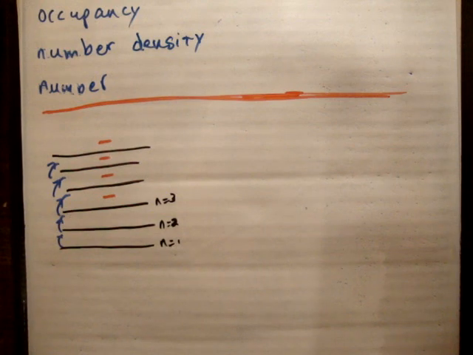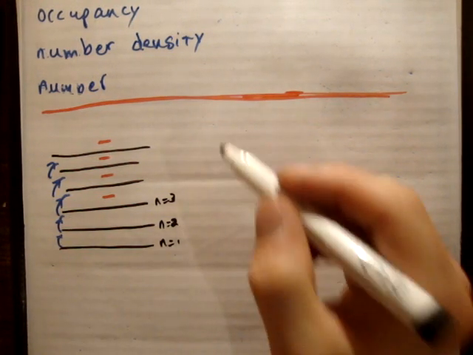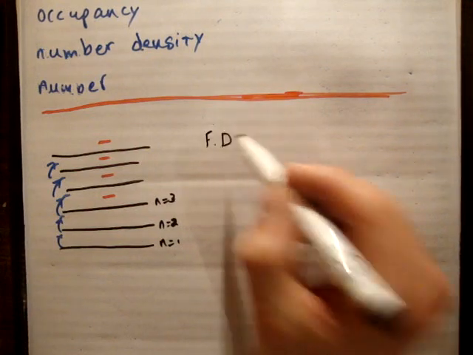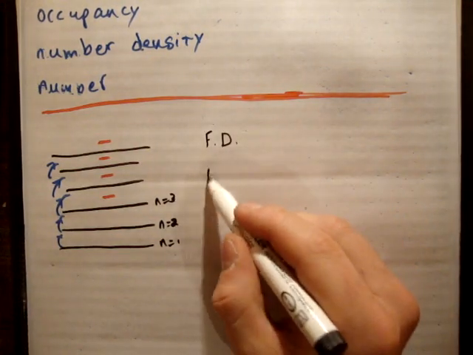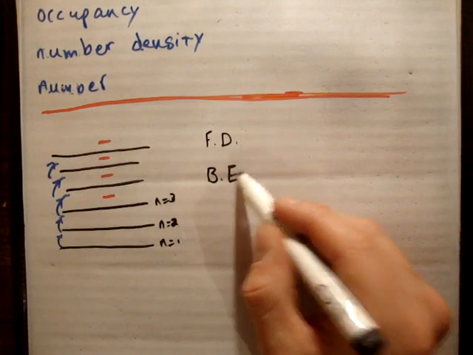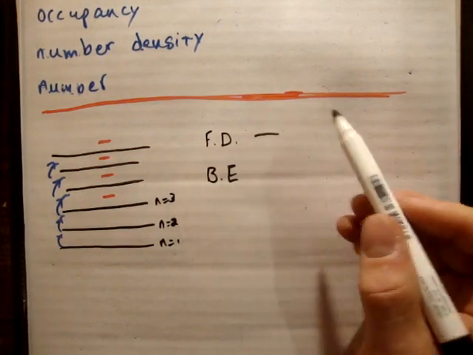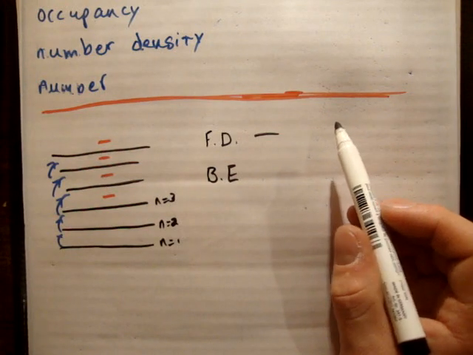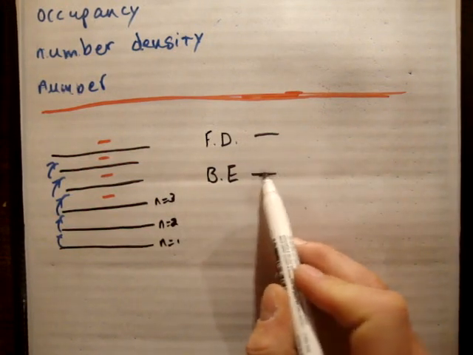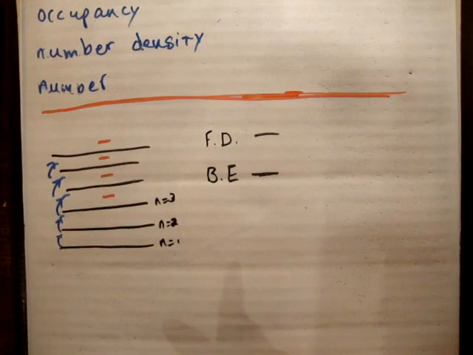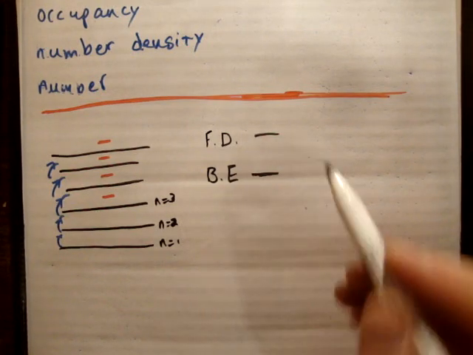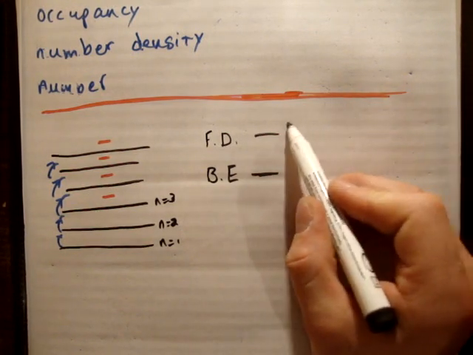Basically, particles can either obey Fermi-Dirac statistics or Bose-Einstein statistics. Fermi-Dirac statistics are for fermions, which would be mass particles, and Bose-Einstein statistics for massless particles. That's a very general statement, so I'm not trying to be rigorous.